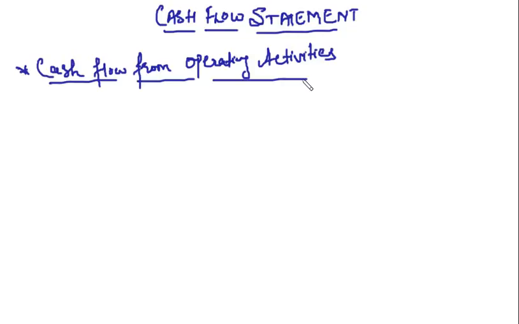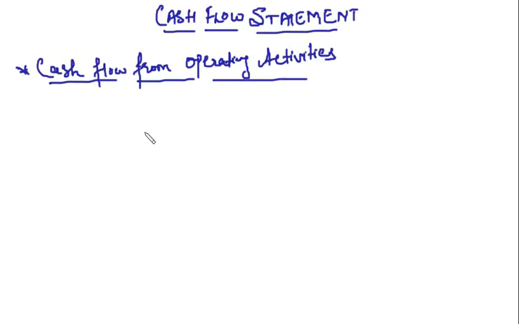Number two is whether that activity is involving actual cash outflow or actual cash inflow. So we have to consider whether an activity is an operating activity or not, and whether the activity is involving the actual outflow or inflow of cash or not.